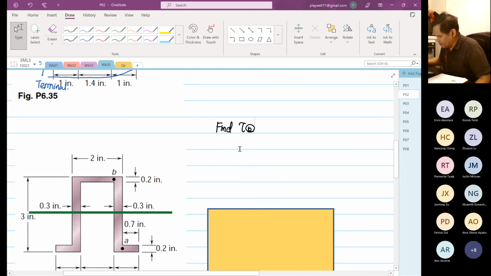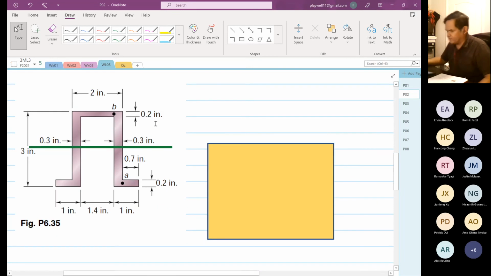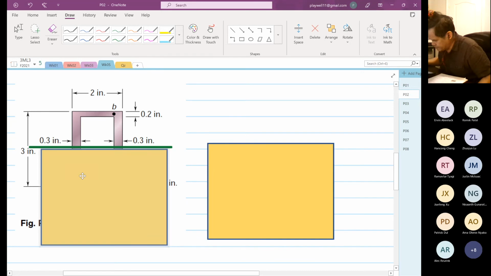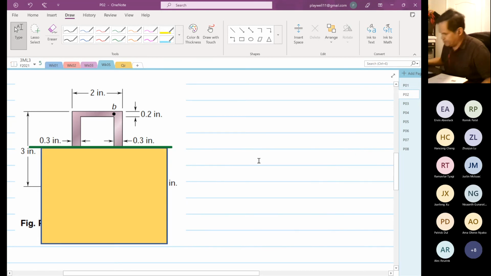Now this looks confusing, right? Is it a box beam or wide flange? So now I cover here, and then I construct the shear flow.